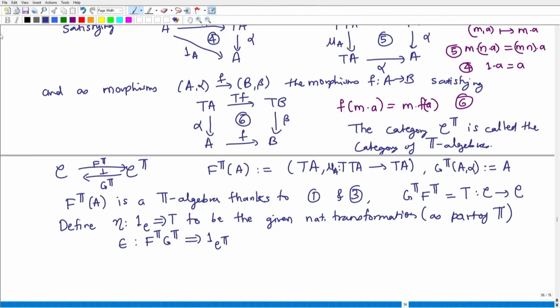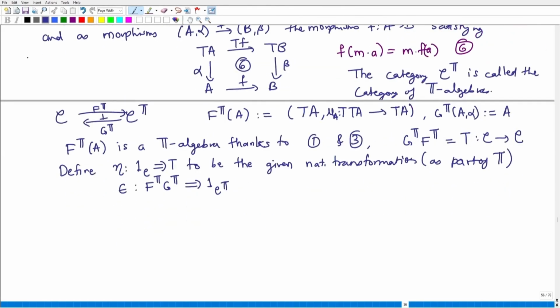So we have to define this particular epsilon given by the data. Any natural transformation is given by the data, epsilon sub A comma alpha, happening from FTGT of A alpha to A alpha.